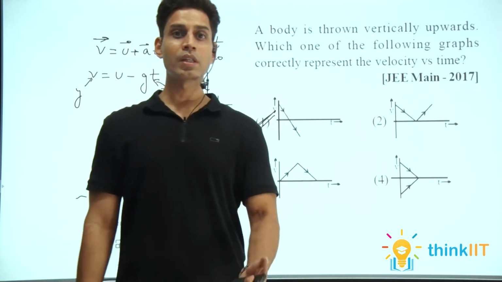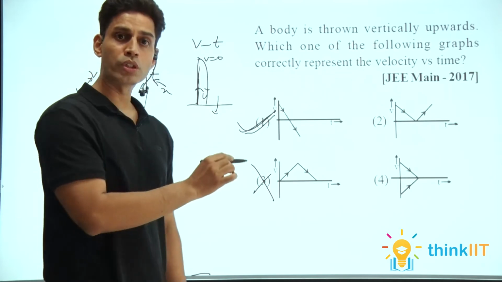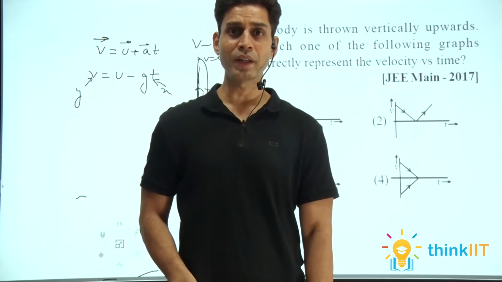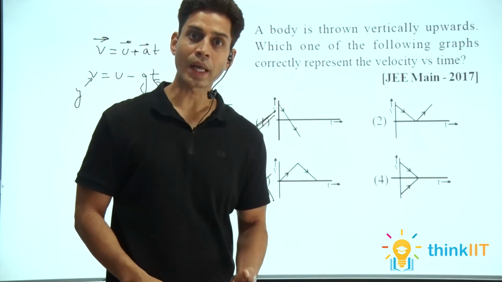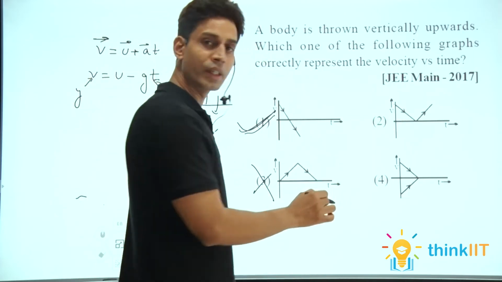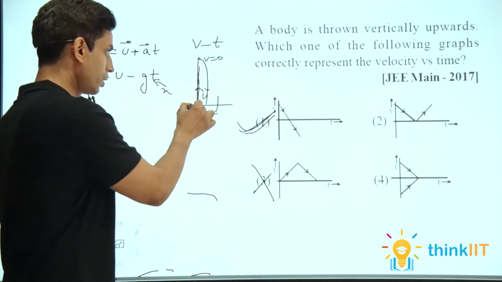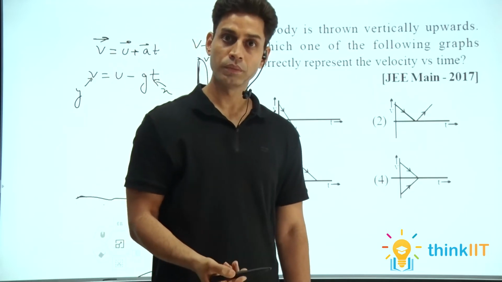Now the motion is always governed by velocity. If during the ascending motion velocity is positive, then during the descending motion it must be negative. That is, velocity should change its sign. Now see, look at option number 2. Initial velocity is this. It is decreasing. Fine. It should decrease because ascending motion is retarding motion.